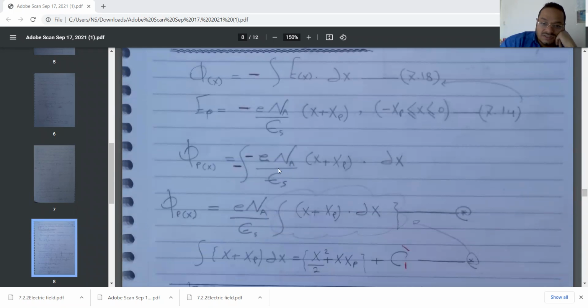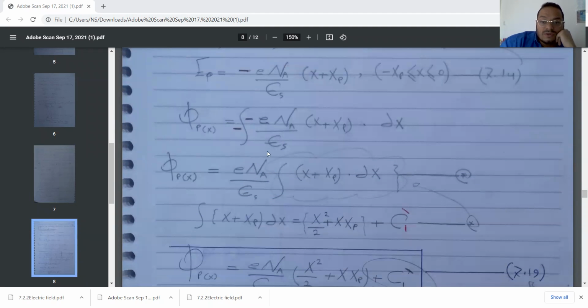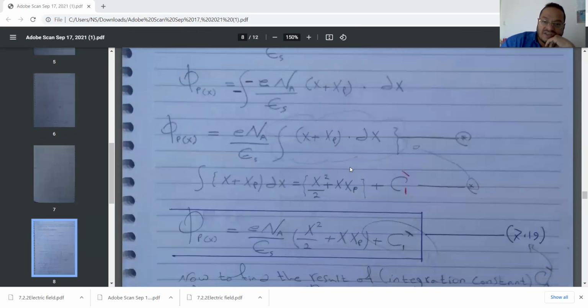Like we're seeing here, we will take all these elements and put them out. The integration will be the integration of x plus the width at the P region dot dx. Let's do that alone, and after that put this result in this equation again, equal to x squared divided by 2 plus x_p, the width at the P region, plus C1 dash.